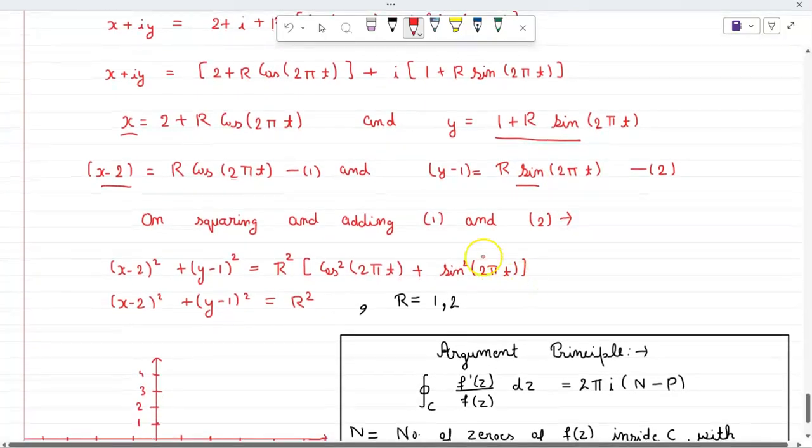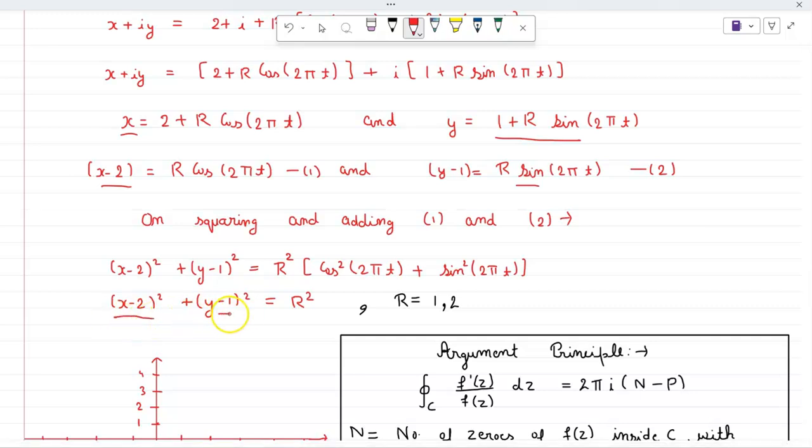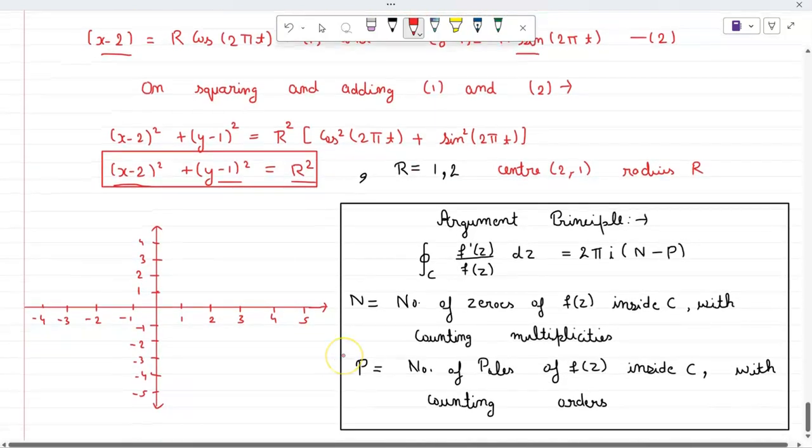On squaring and adding the first and second, we get x minus 2 whole square plus y minus 1 whole square equals r square, which is the equation of a circle with radius r and center (2, 1). So from the question, r is equal to 1 or 2.